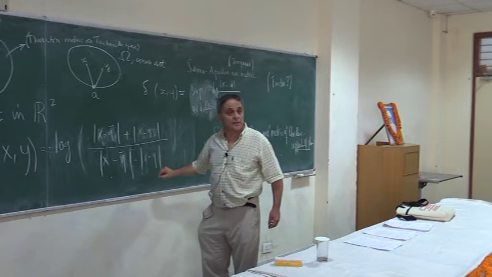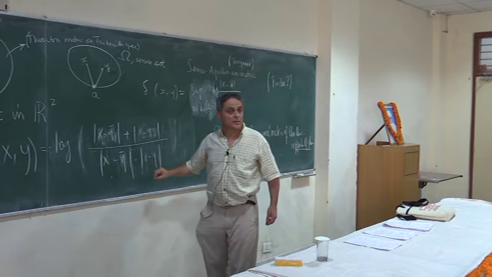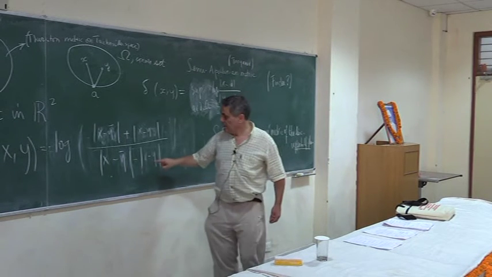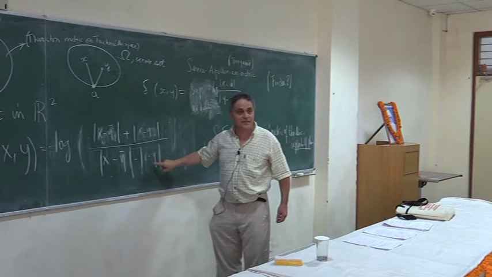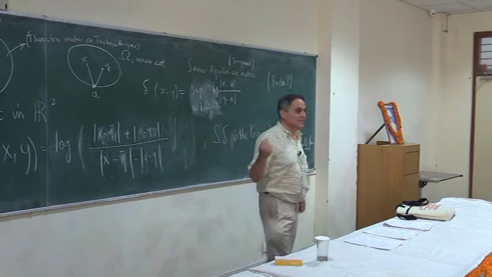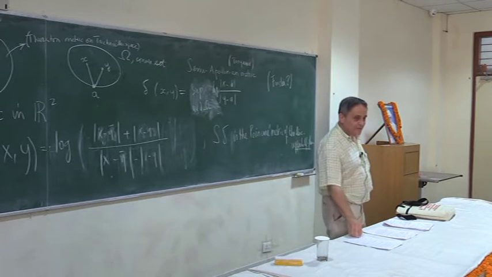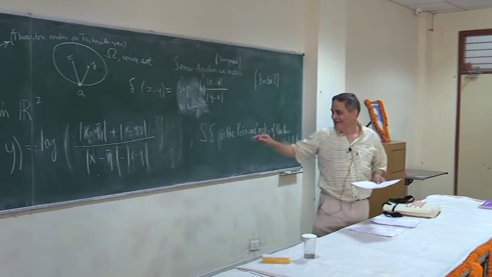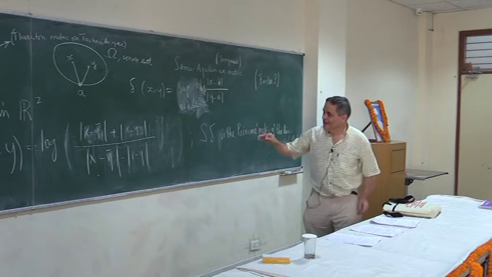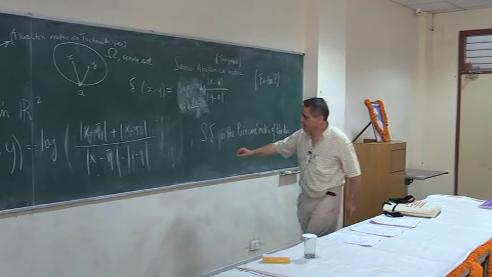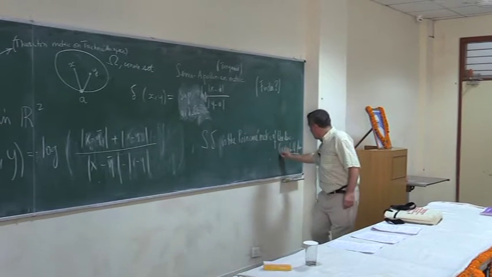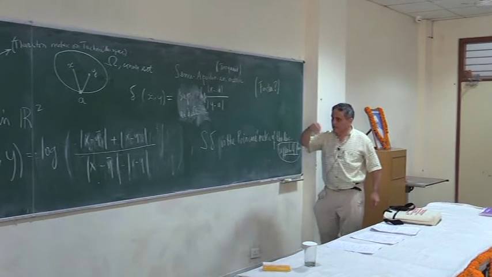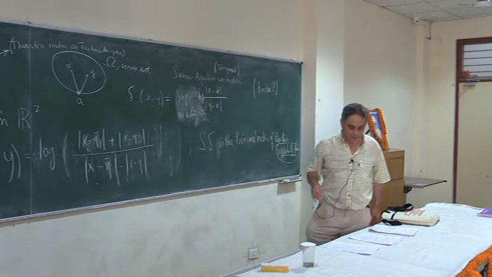Okay, x minus y bar minus x minus y. Okay, thank you. So this is the formula. I copied this from our paper, and I'm always bad at copying. So this is at least in the case of the upper half plane, and then I think you can correct the other one which I wrote for the disk.